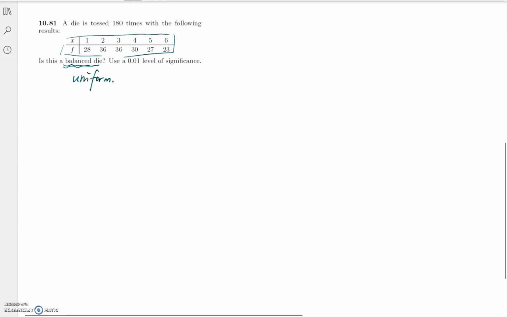So x is 1, 2, 3, 4, 5, 6, and the observed values are 28, 36, 30, 27, 23. The expected count is 180 times 1 over 6, which equals 30, so 30, 30, 30, 30.